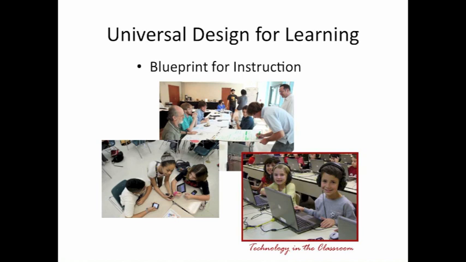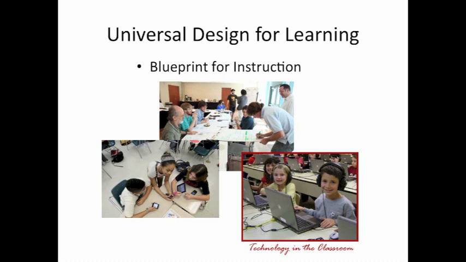Yet another approach to learning that I think is intriguing when we think about technology integration is universal design for learning. It's a way of designing instruction so that all students have access to learning.